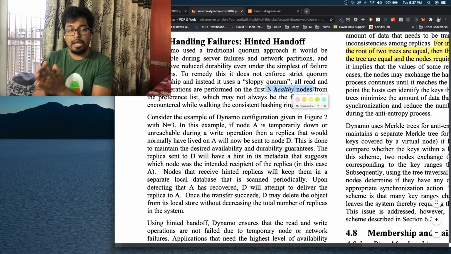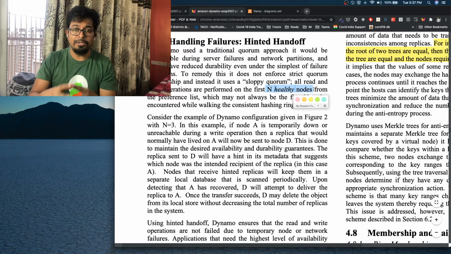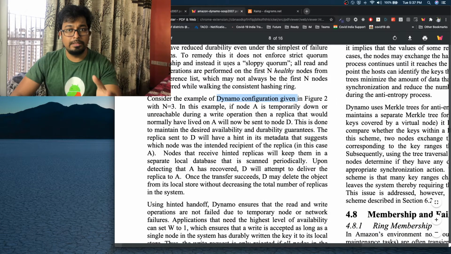The first N healthy nodes participate in a read or write operation. Consider the example of the Dynamo configuration given in figure 2, which I have here.